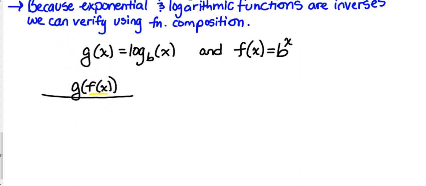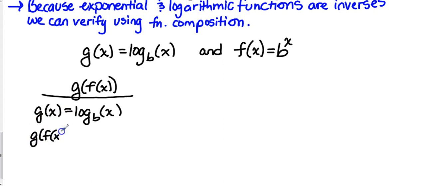So let's write g first. That'll be kind of like our guide function. G of x equals log base b of x is what we're starting with. And we are going to be now doing g of f of x. So that means wherever I see x, I'm going to be substituting in f of x as the input.